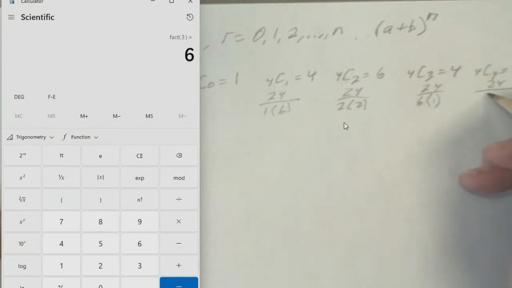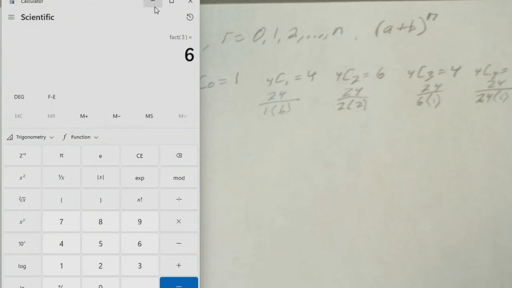And then the last one is going to be r is equal to 4. So 4 factorial is 24, because that's what we have on top. 24 divided by 24 times 4 minus 4. Well, 0 factorial is just 1. So this is just 1 because it's 24 divided by 24.